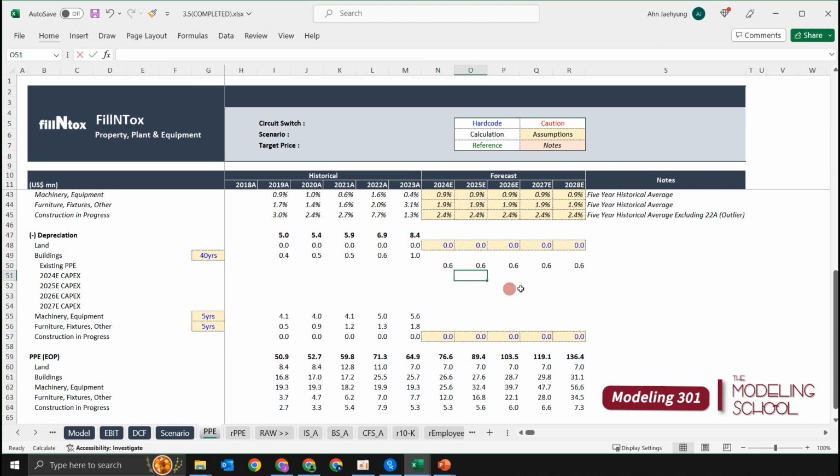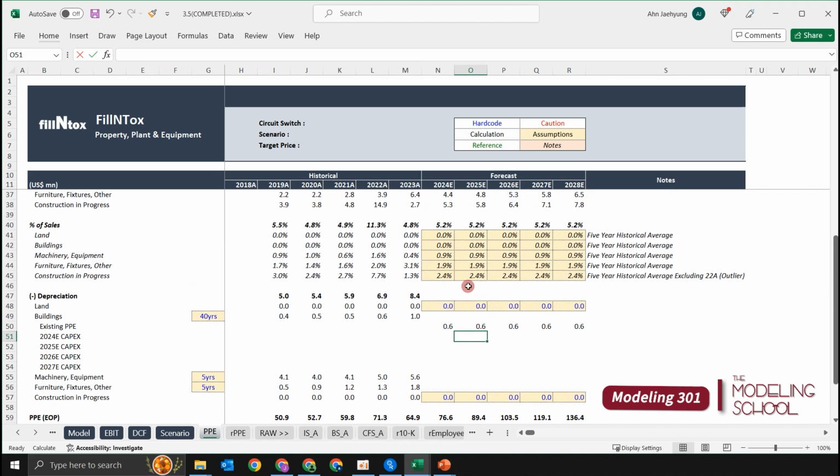However, for 2025, not only this amount is going to be depreciated, but also the additional capital expenditure from 2024 would be added to the depreciation total amount.